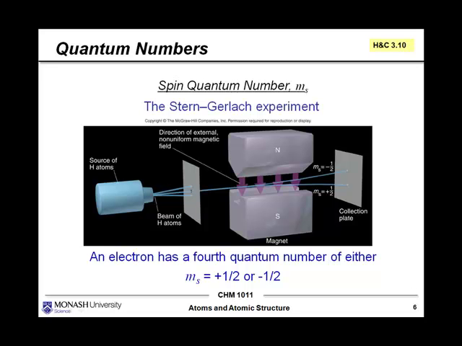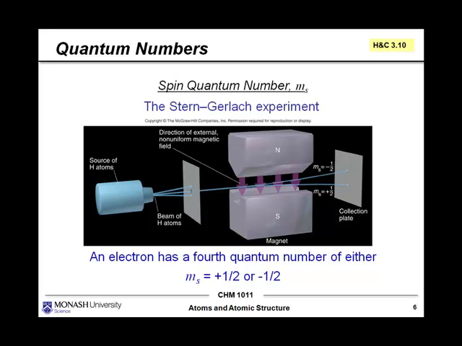To finish off, we'll talk about the fourth quantum number. This is the spin quantum number, and it has the symbol m subscript s. The Stern-Gerlach experiment described a source of hydrogen atoms being passed through a magnet. As you can see from the figure, there was a north and south pole to this magnet, and so the beam was passing through a magnetic field.